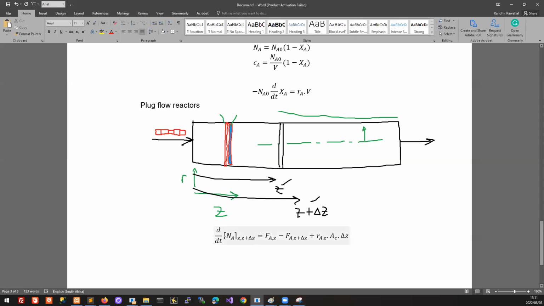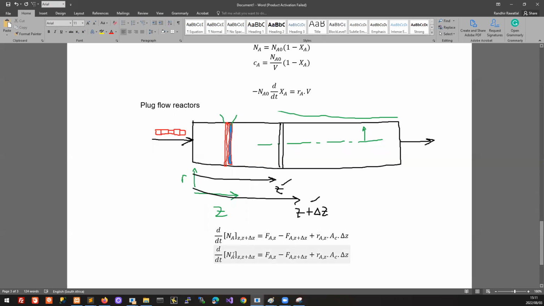And then the next thing to do is express this number of moles using this volume here. In a similar way, we can say that this can be rewritten as the concentration at position Z times the volume there. So we want the number of moles in this little sliver, so we multiply the concentration by the volume of that sliver. So let's do that.